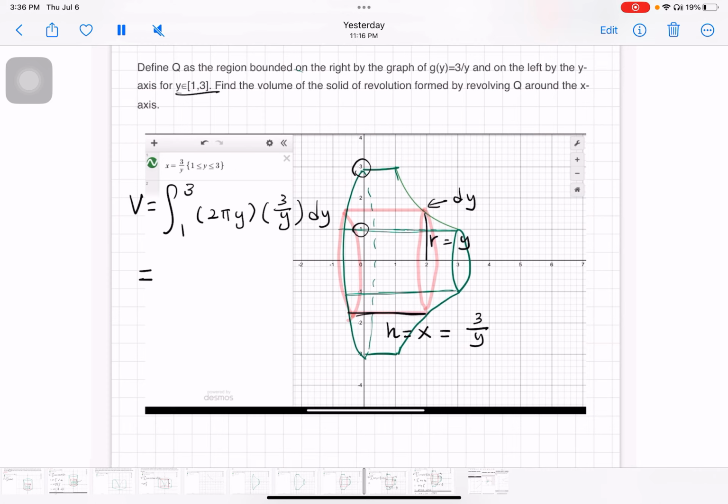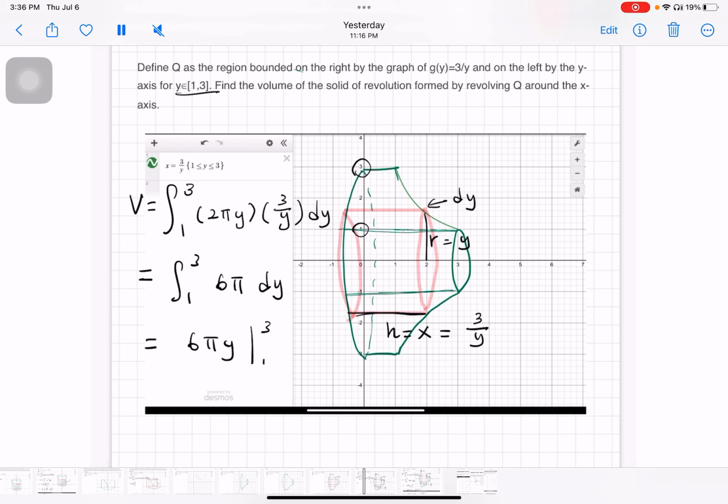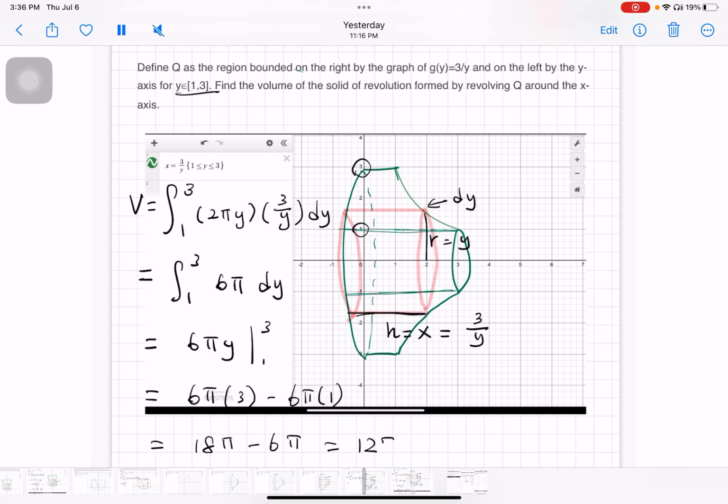Pull out the constant 2 pi, and simplify the y and 3 over y, which is just 3. So 2 pi y times 3 over y is just 6 pi. The antiderivative is going to be 6 pi y. Evaluate from 1 to 3. We ended up with 18 pi minus 6 pi, which is 12 pi as the final answer.